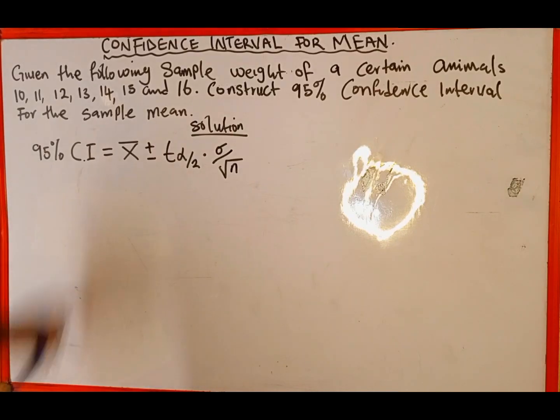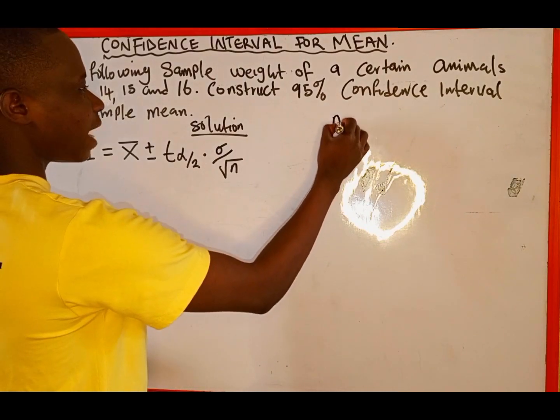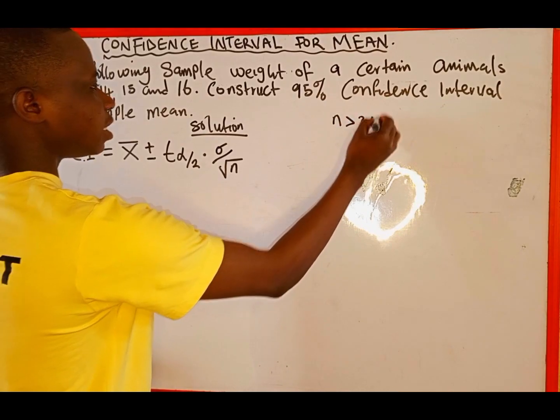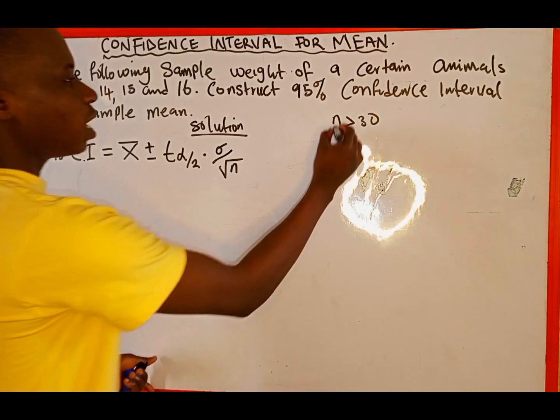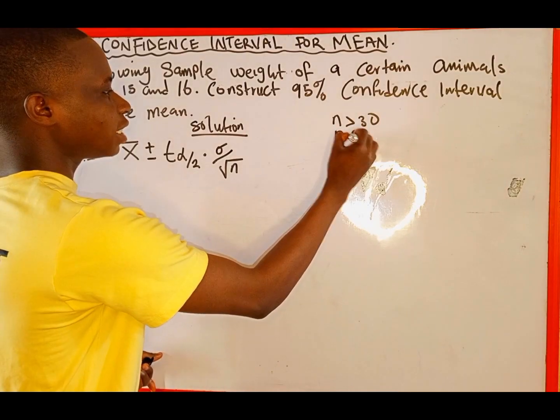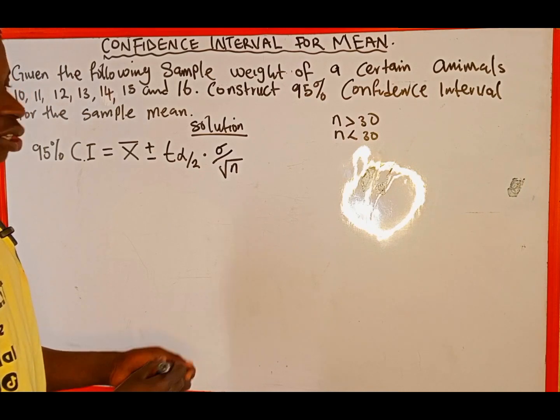So t alpha over 2. Remember in our last class, we discussed that when you are constructing a confidence interval and the sample size, which is represented by n, is greater than 30, then we use the Z table. But when your n is less than 30, we are going to use the t distribution table.